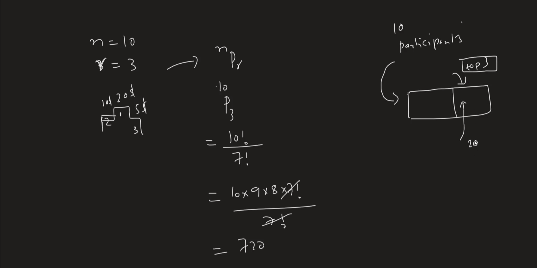Let's say each of them will get $20. All you have to do is be eligible to pass this cutoff to be among the top 3.